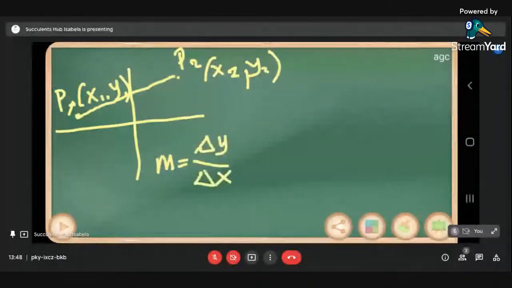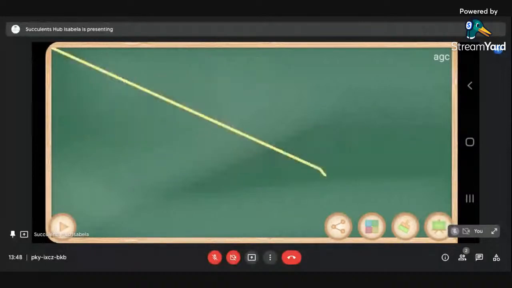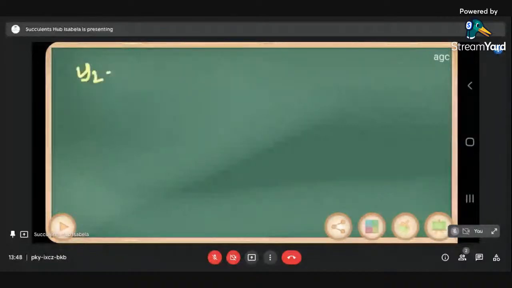Yung last na lesson natin. Or m is equal to y sub 2 minus y sub 1 over x sub 2 minus x sub 1.